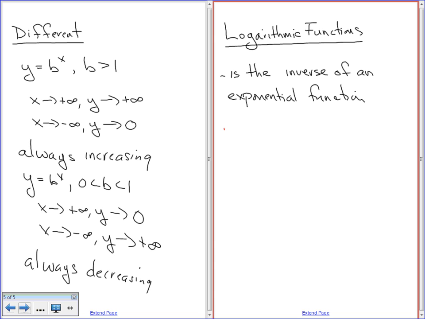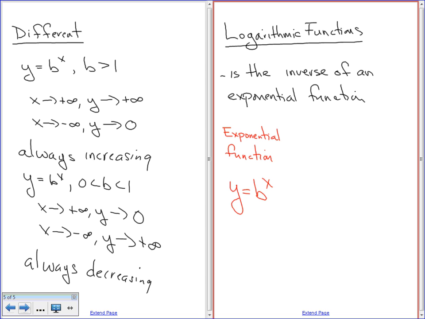So an exponential function looks like this, right? Y is equal to b to the exponent x, where b is a number greater than 0 and b can't be equal to 1.